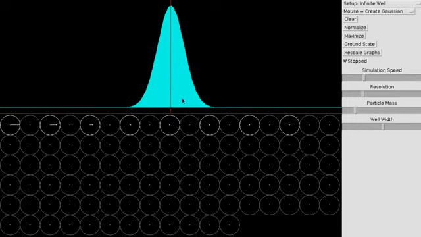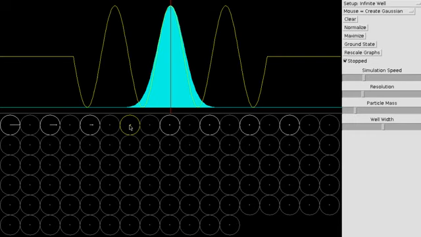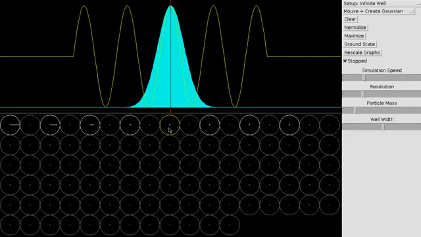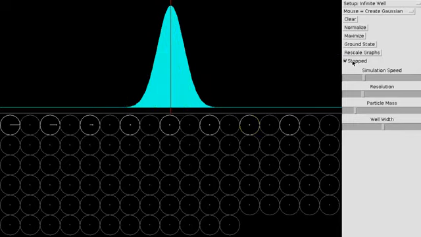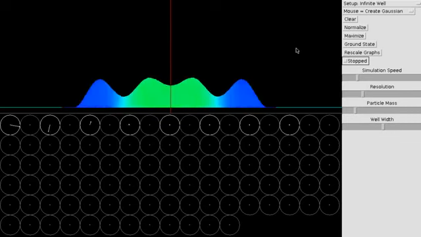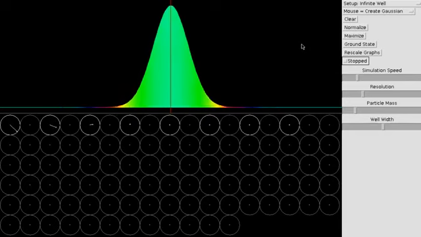So this is sort of our initial conditions, and the simulation has automatically figured out, well, I want this much, I want a lot of the ground state, psi 1, a lot of psi 3, a lot of psi 5, a lot of psi 7, a little bit of psi 9, a little bit of psi 11, etc. And if I play this, I'll slow this down a little bit first.